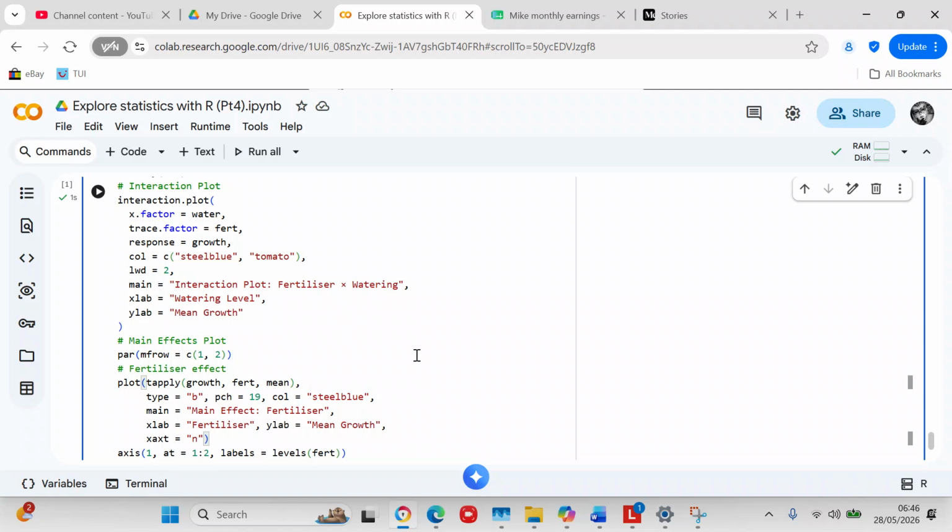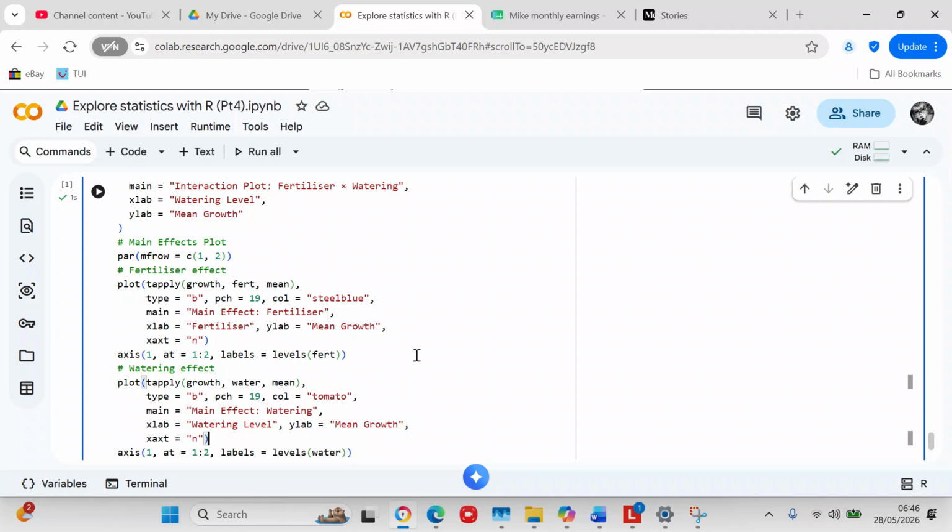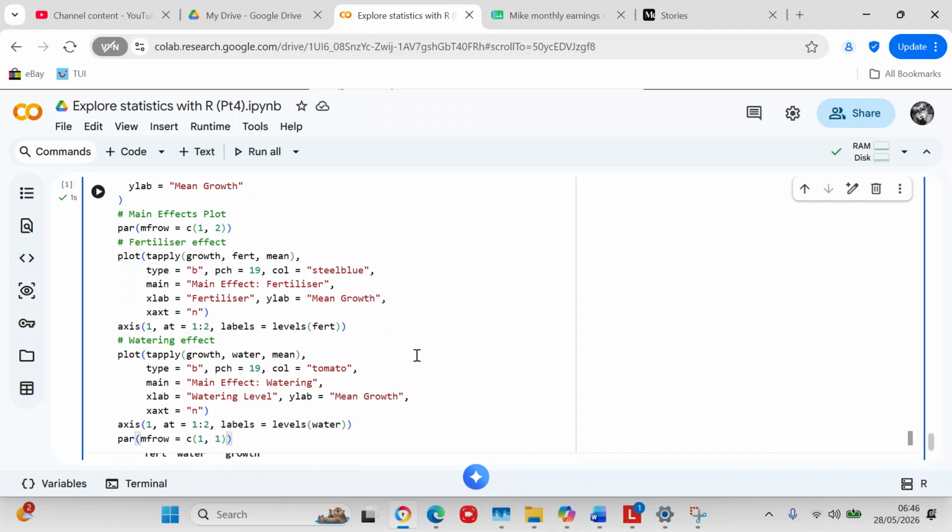Y lab is the label on the y-axis, being mean growth. So now we're going to print the main effects plot. par, mfrow equals a vector of 1 and 2. Fertilizer effect, we're going to plot that. plot, tapply growth, fert, mean. Type is b. pch, which is the size of the dot, is 19.